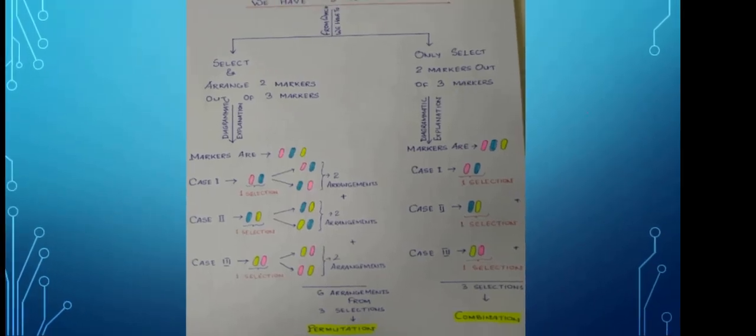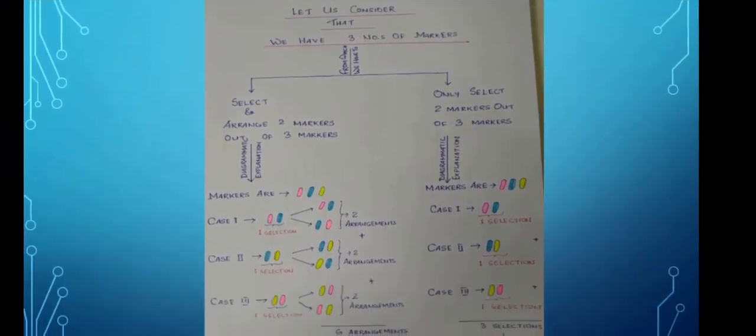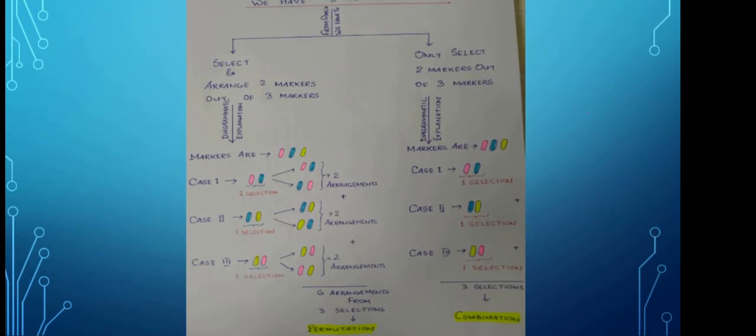While coming to the right hand side of this figure, we already have three markers. We only have to select 2 markers out of 3. This is all about selection. The diagrammatic representation is given here. These are the three markers, the same position and same colors, one pink, one blue, one yellow. In the first case, we just have to select 2 out of these 3 markers.